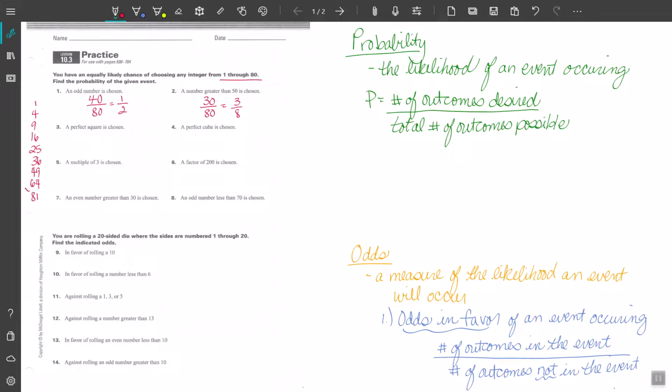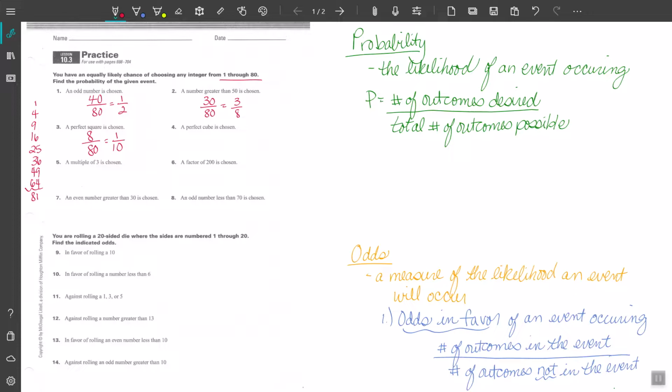So right here, we see that 64 is the last perfect square that falls within that range, 1 through 80, and there are 8 of them. So 8 is our number of desired outcomes out of, again, the 80 total. Reduce that down. So 1 out of 10, one desired outcome out of every 10 possibilities.